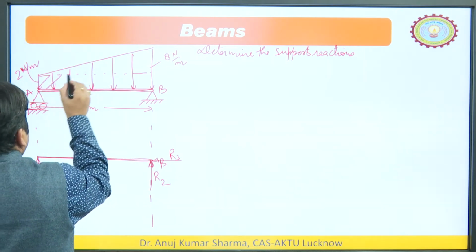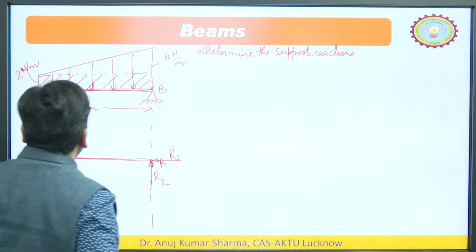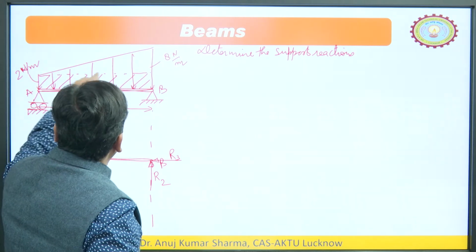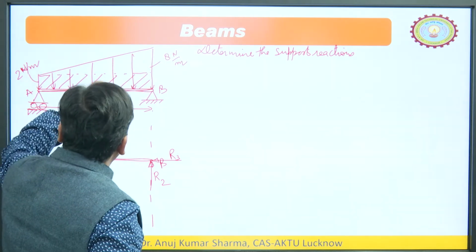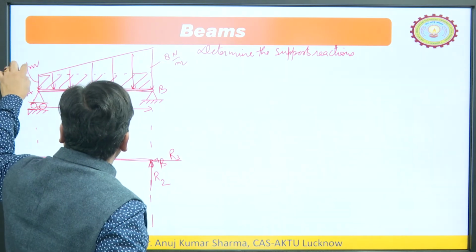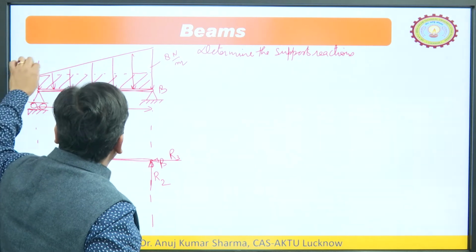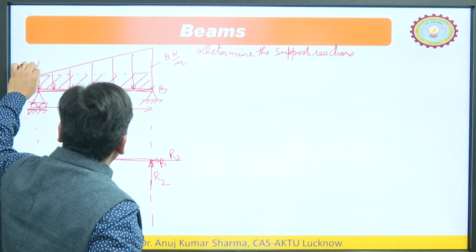This is the UDL, if you will see. So, it may be a combination of, here the UDL intensity is how much? We can split it into two parts. One is the UDL whose intensity is 2 Newton per meter, from this end to this end it is constant. Now, the second part is the VDL.